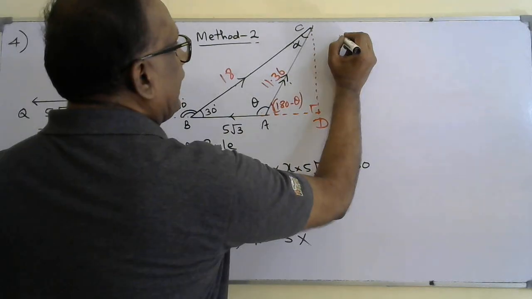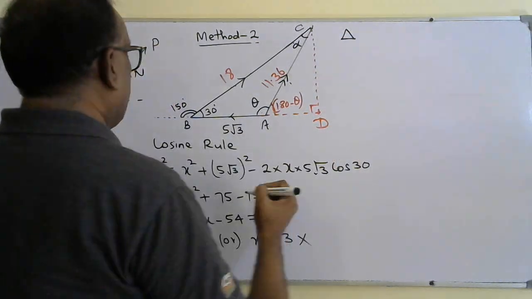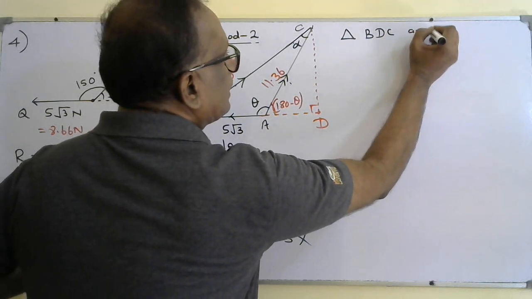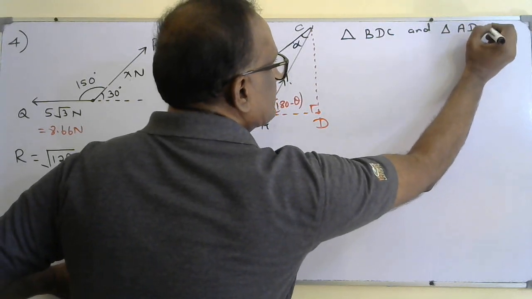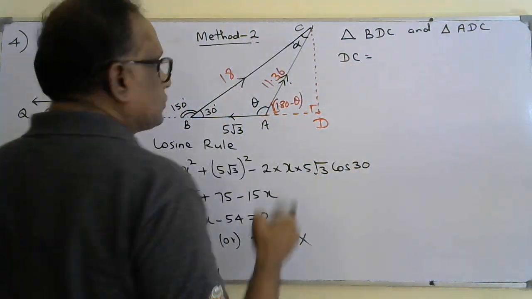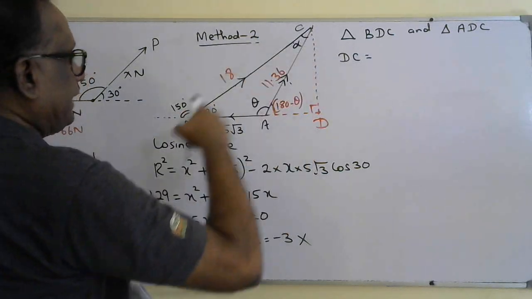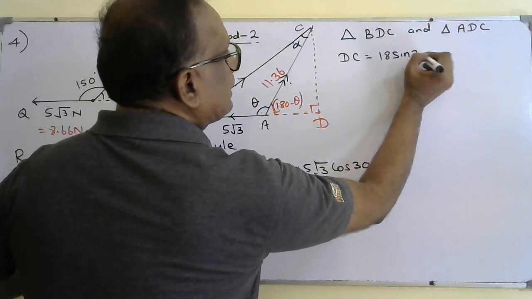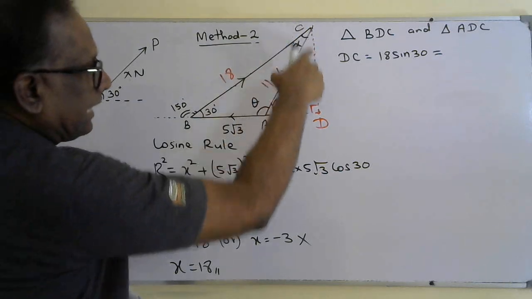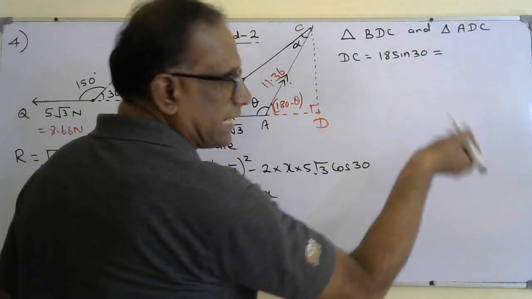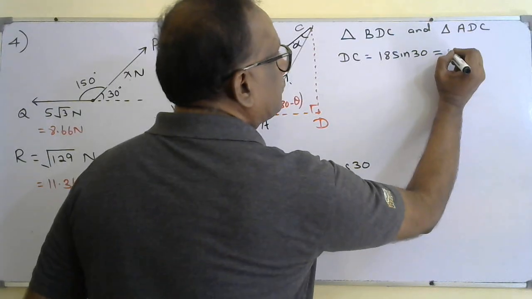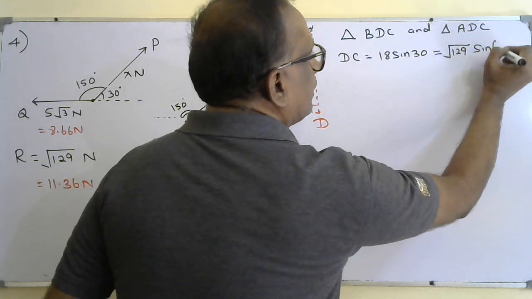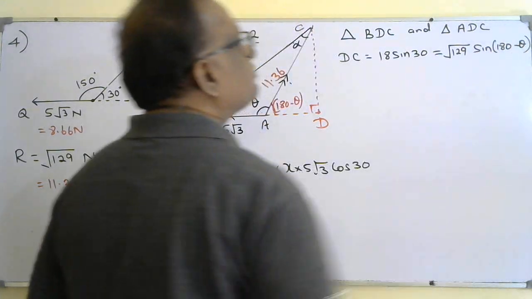So I will consider the right angle triangles BDC and ADC. There, DC in the right angle triangle BDC is 18 sine 30. In this right angle triangle, it is 11.36, that's square root of 129, sine of 180 minus theta.